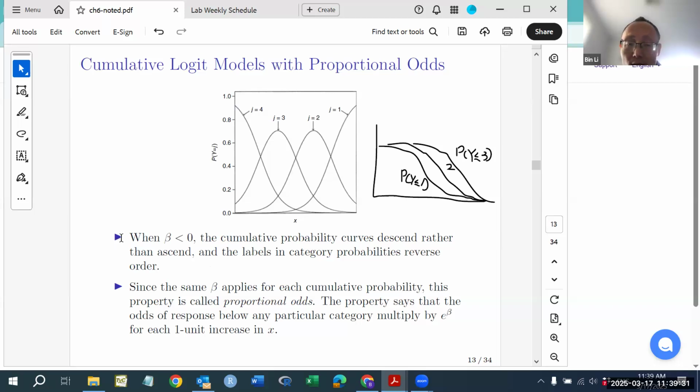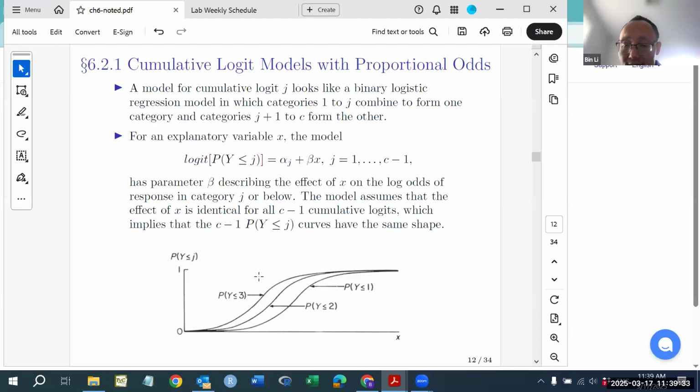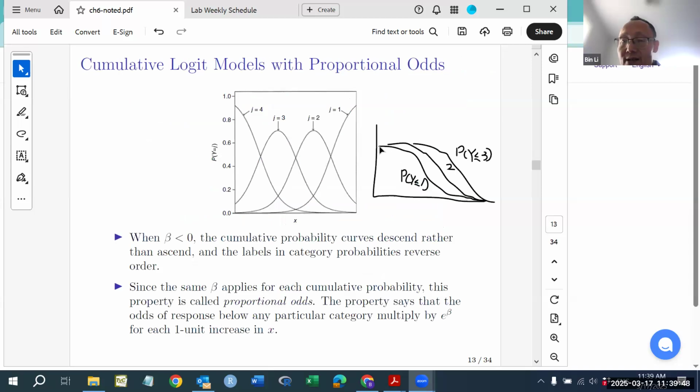And this one, as I said, is for beta greater than 0. But what if beta is less than 0? What does this look like? If it's less than 0, it will just be like that. So you can easily find it.